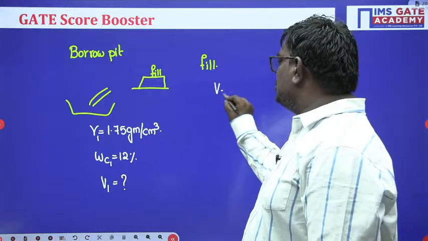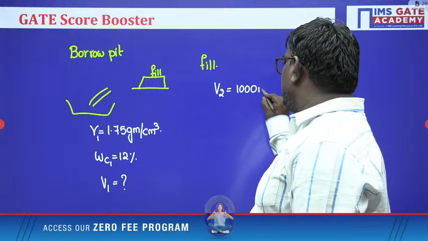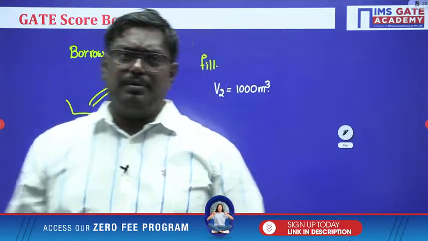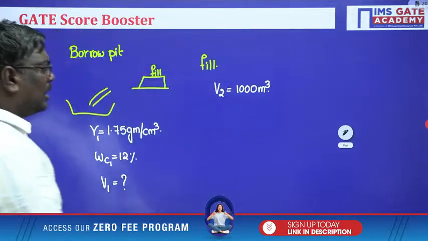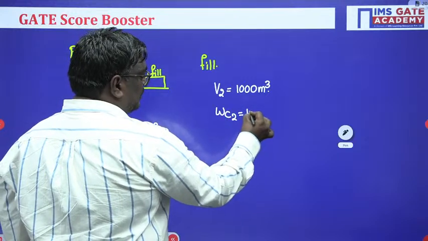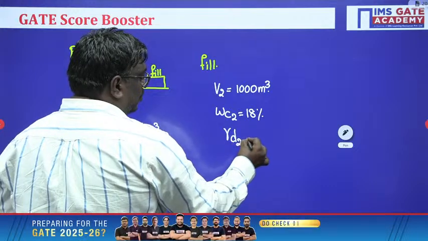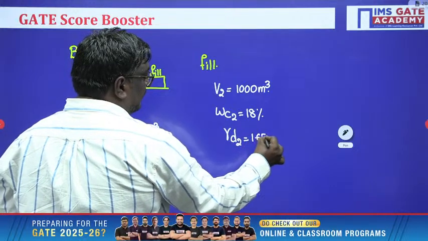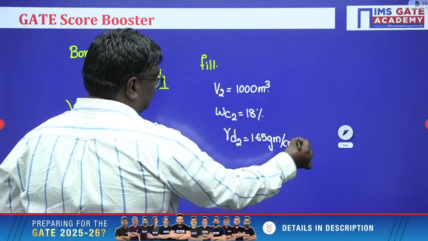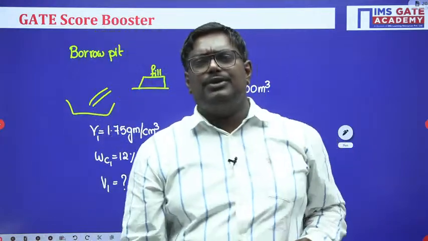I will assume fill as 2, and they have given the volume as 1000 meter cube. Here water content is given as 18 percent, and they have given dry density as 1.65 gram per cc or centimeter cube. So this is the actual data given in the question.